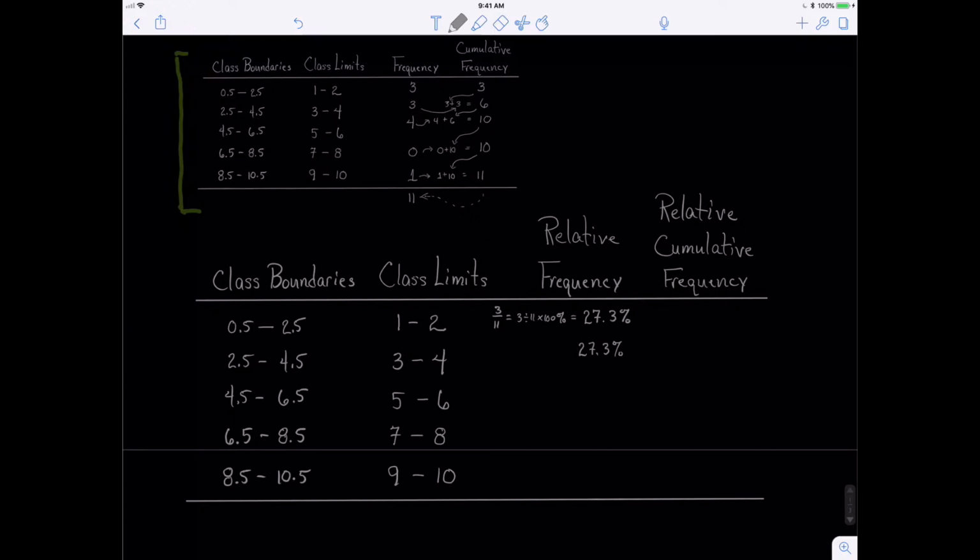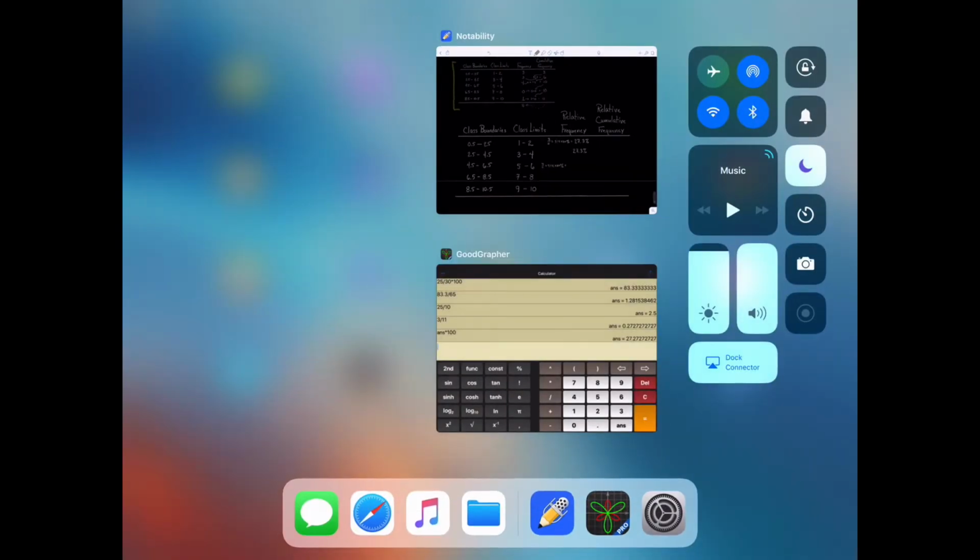Now the third class has 4 values, so it represents 4 out of the 11 total data values. To turn 4/11ths into a percentage, we take 4, divide it by 11, and multiply by 100%. Since I've made mistakes in my head, I'm going to go to Good Grapher.